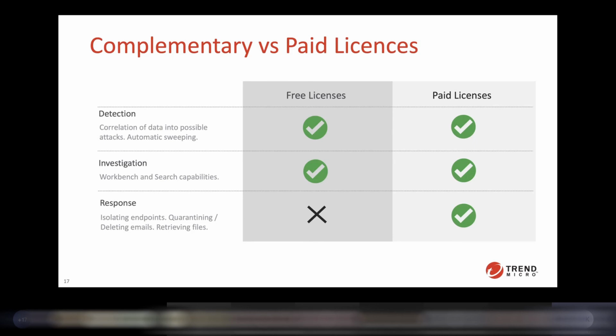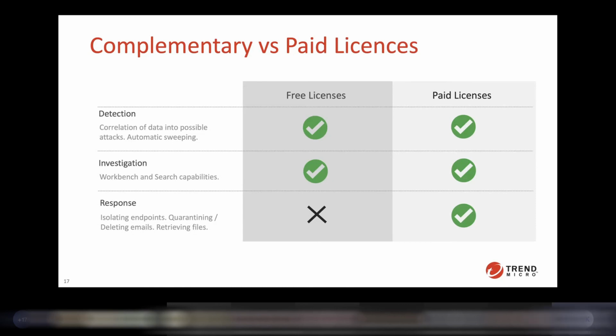So I would like to tell you one important thing. In the complementary access, we have a limited set of the XDR features. Especially, we have no response part. It could be a limited response as well if we decided to add something.